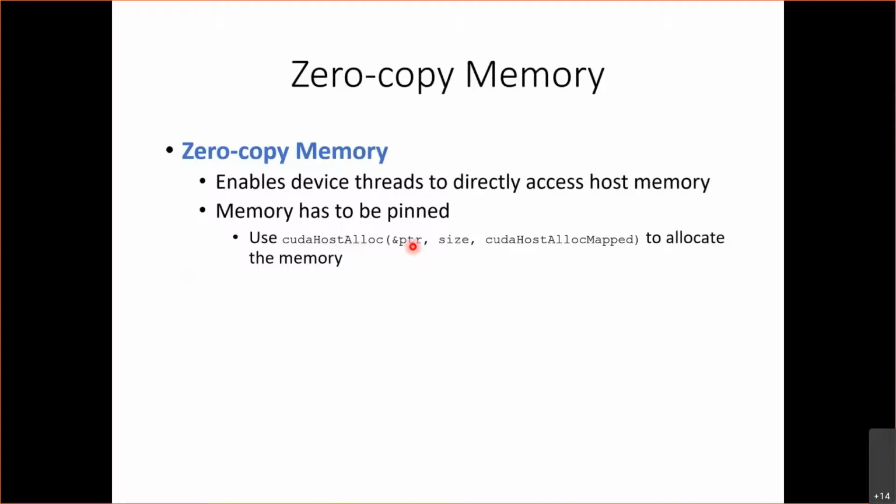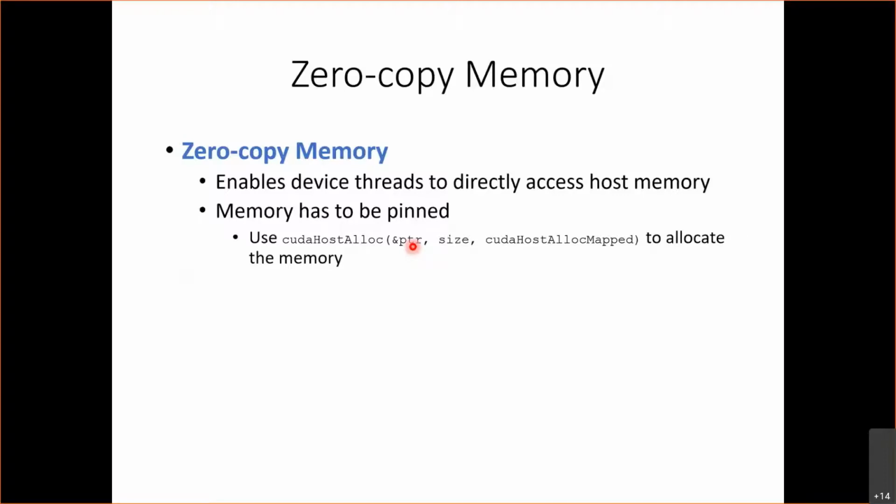Now, without unified virtual memory, what we need to do is get the data that we want to access in the CPU memory mapped to the address space of the GPU.